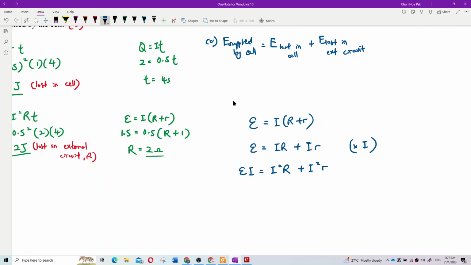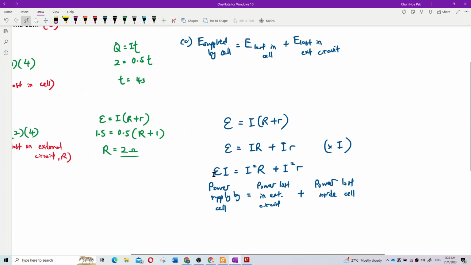This is a power: the power supplied by the cell, by the battery, equal to the power loss in the external circuit plus the power loss inside the cell.